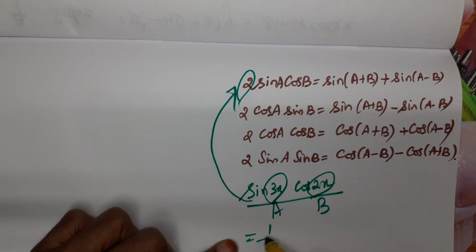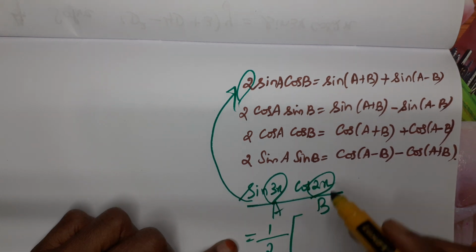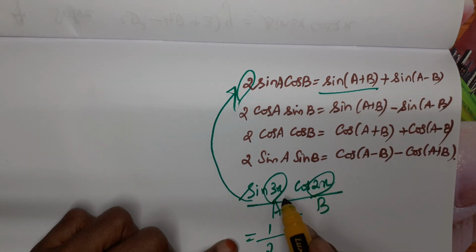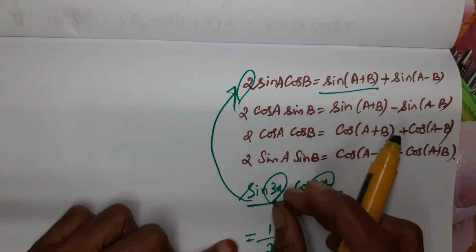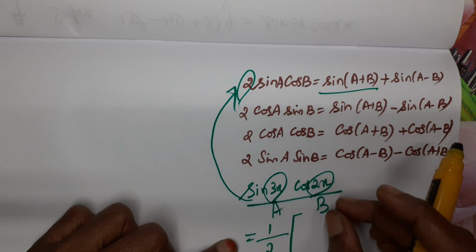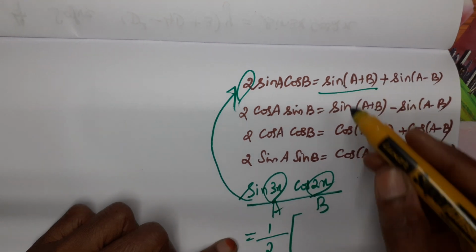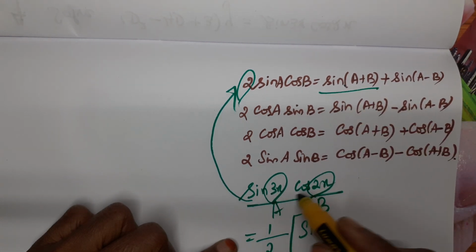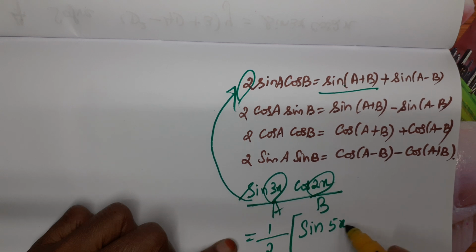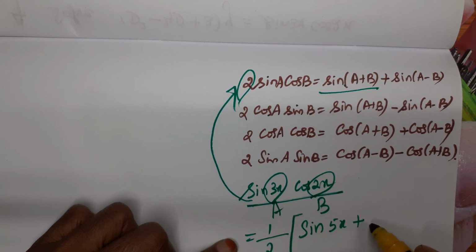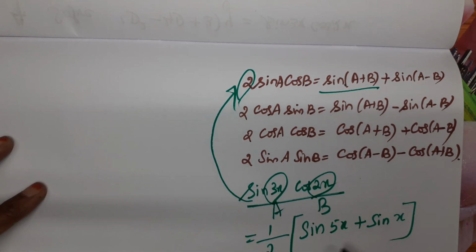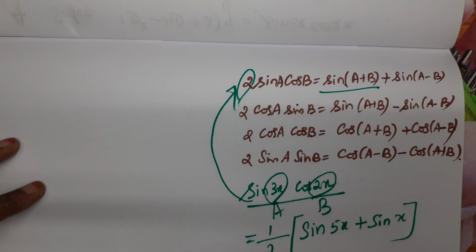So we start the formula with 1 by 2 into sin of a plus b, sin of 3x plus 2x, which is 5x, plus sin of a minus b, sin of 3x minus 2x, which is x. So the formula we got is 1 by 2 into sin 5x plus sin x.